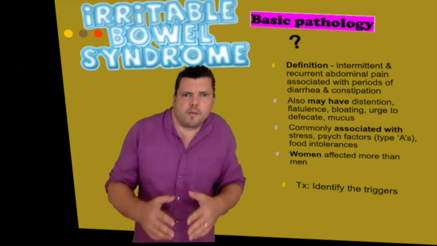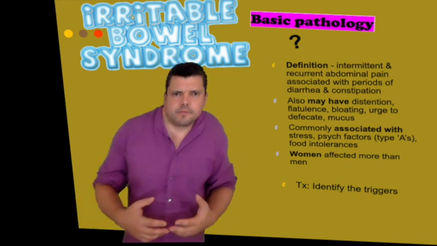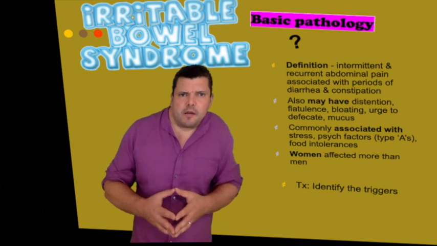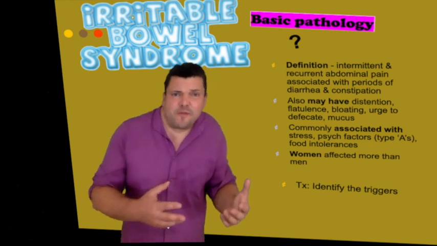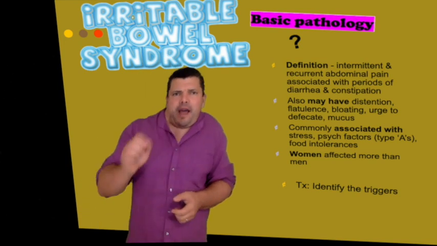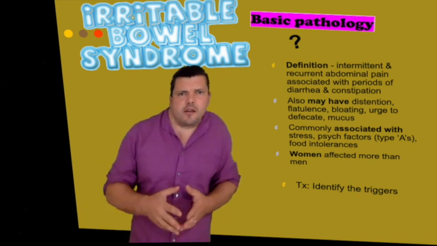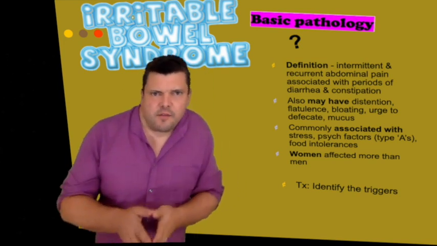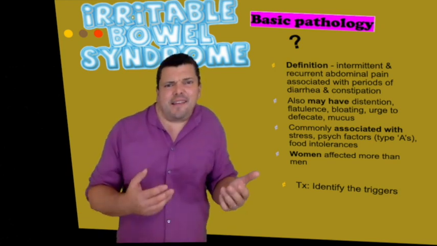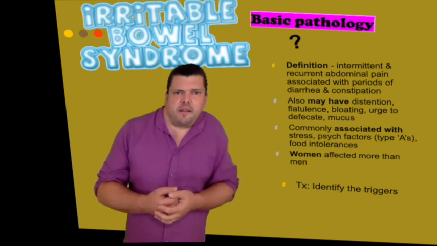What we know is people complain of cramping, diarrhea, constipation, all kinds of bowel irregularities. This is a major lifestyle diagnosis. Some people will map out bathrooms on the way to a destination. But what we don't have is a clear understanding of what exactly is going on.